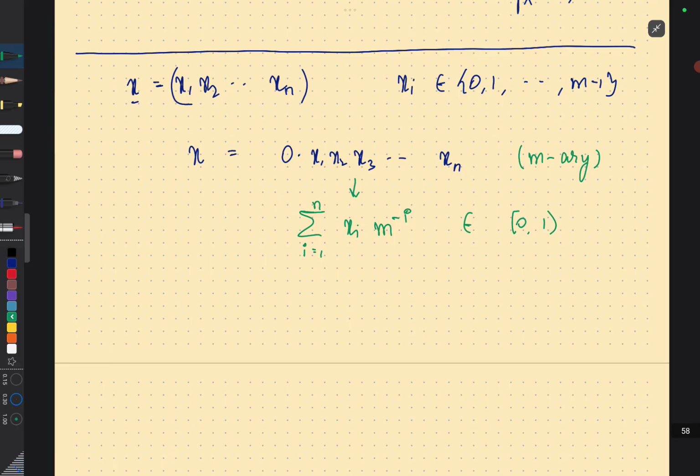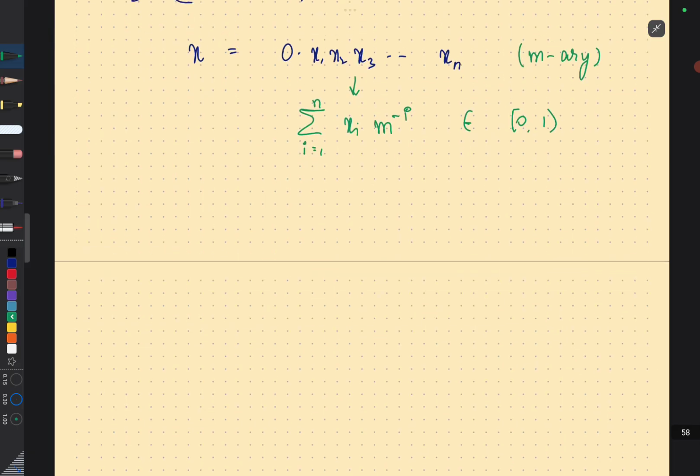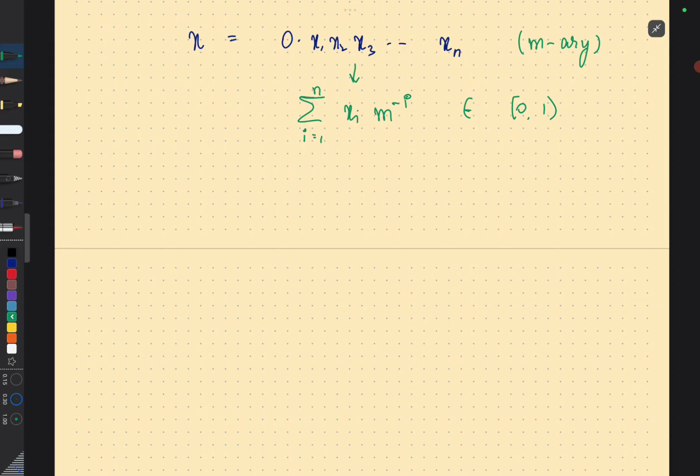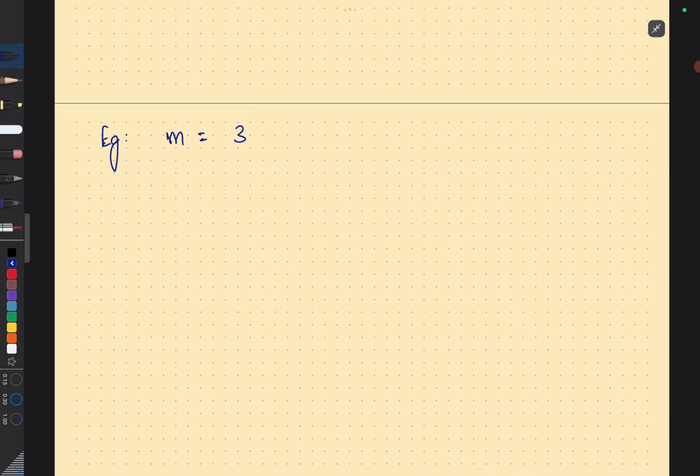One of the main reasons why I want this representation is that because of this, I have a particular ordering on sequences of length n. And between sequences of length n and length n plus 1, there's a natural ordering that comes up because of it. For example, let's assume that m is say 3.